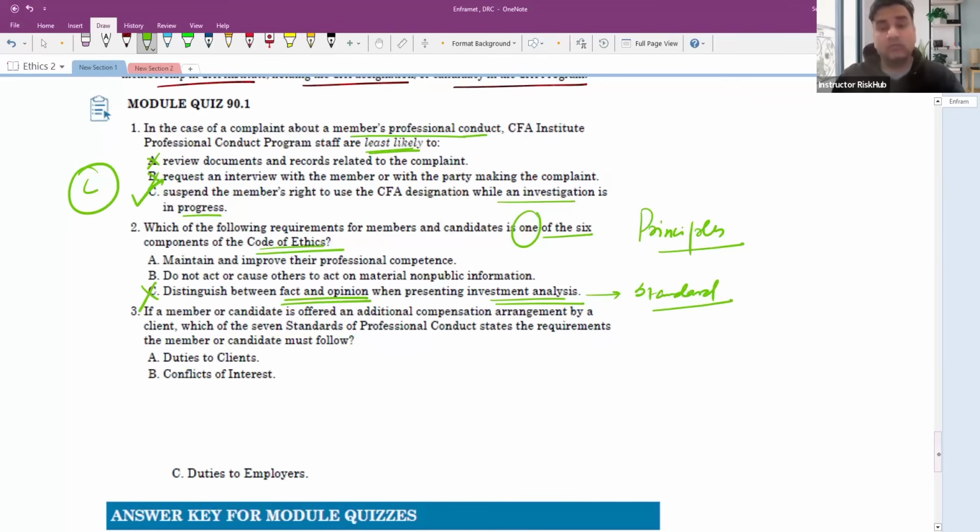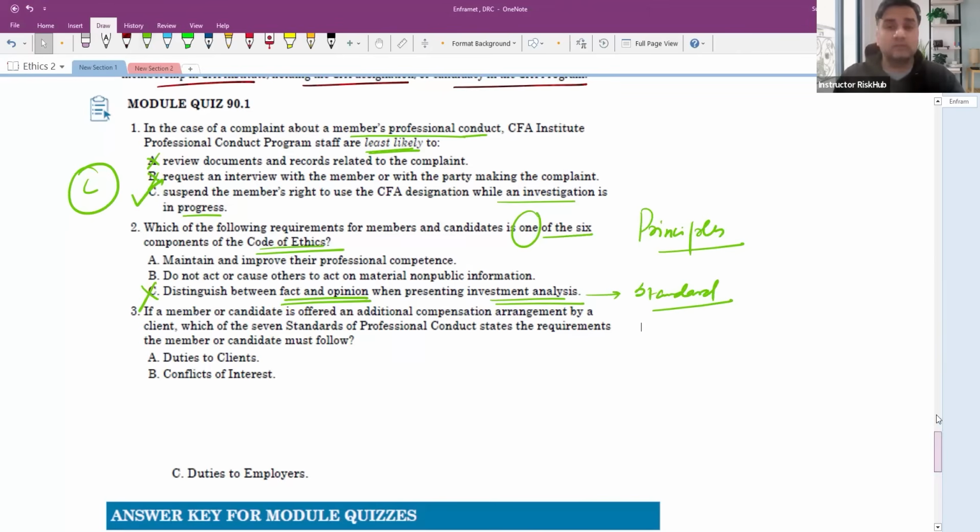Now, maintain and improve their professional competence, and do not act or cause others to act on material non-public information. What is happening here? Or maintain and improve their professional experience.